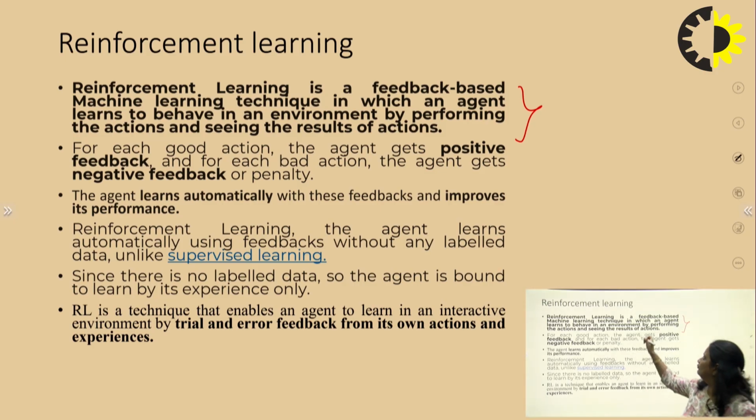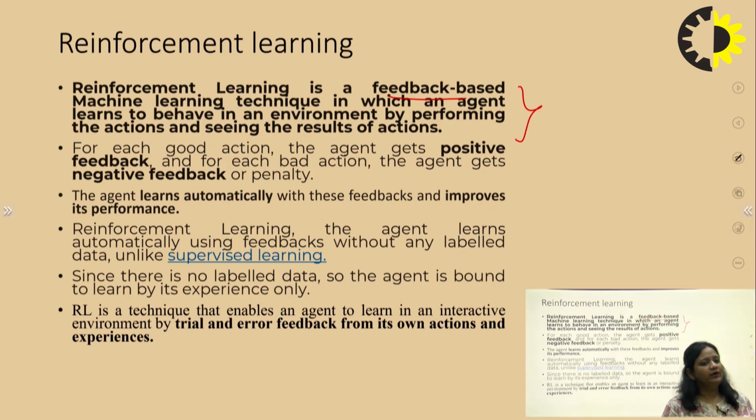What is the meaning of feedback-based? It means it runs on feedback. If it receives positive feedback, then it will act accordingly. If it receives negative feedback, it will act accordingly.